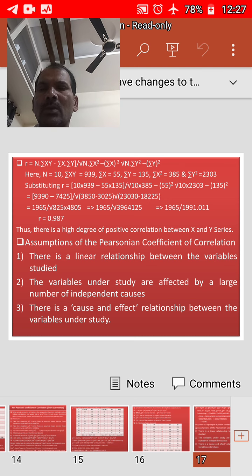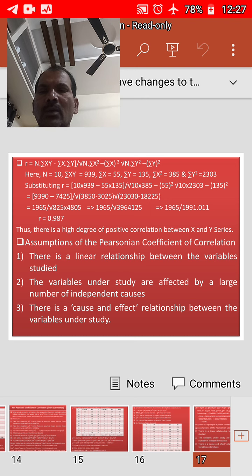In the denominator, 3,850 minus 3,025 is 825, and 23,030 minus 18,225 is 4,805.